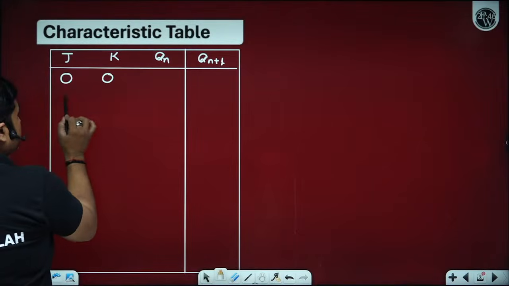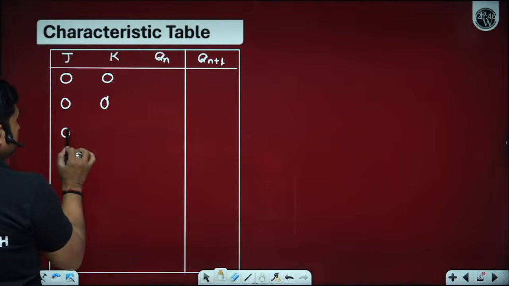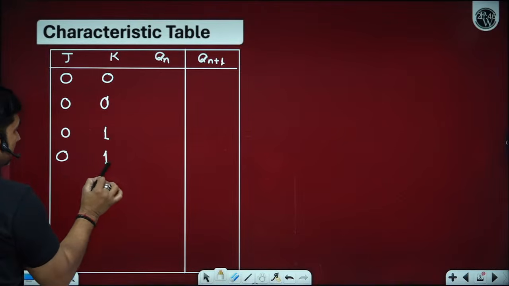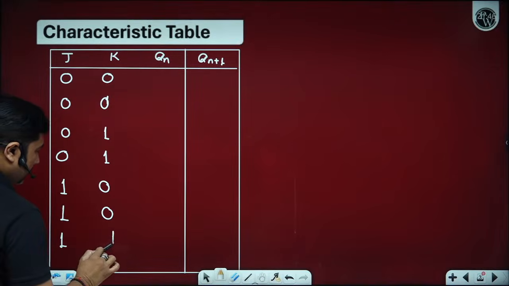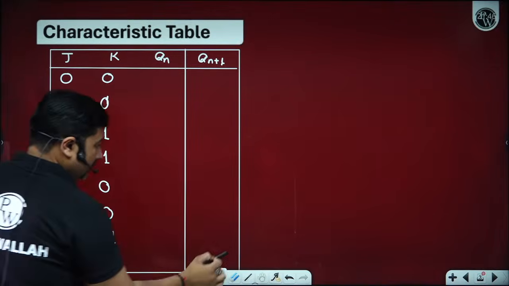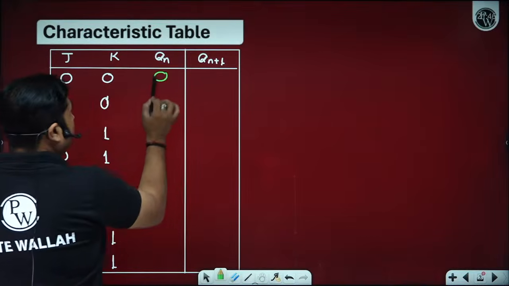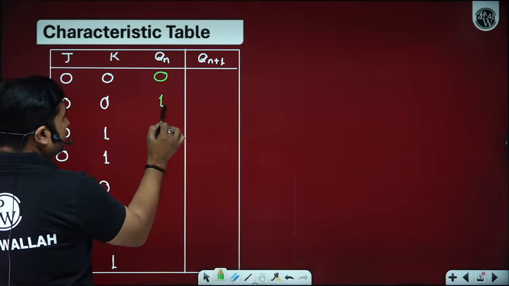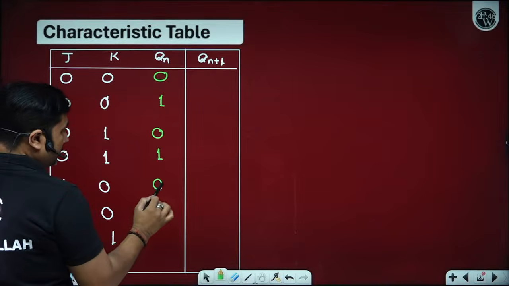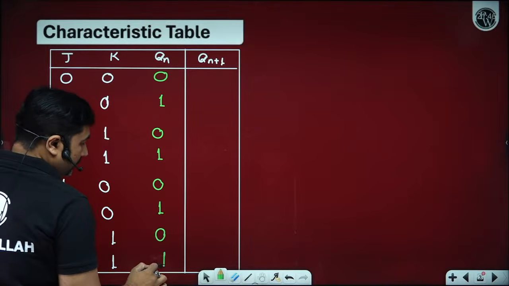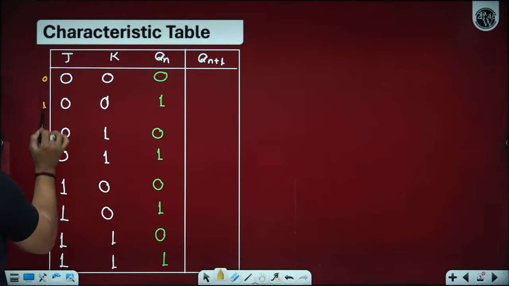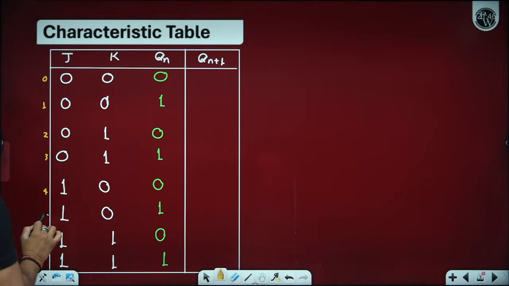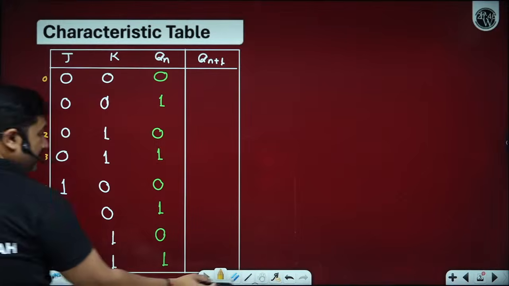The possibilities are 0 0 0, 0 1 0, 0 0 1, 0 1 1, 1 0 0, 1 0 1, 1 1 0, 1 1 1. The present state is alternately 0 and 1, and this is the binary of 0, 1, 2, 3, 4, 5, 6 and 7.